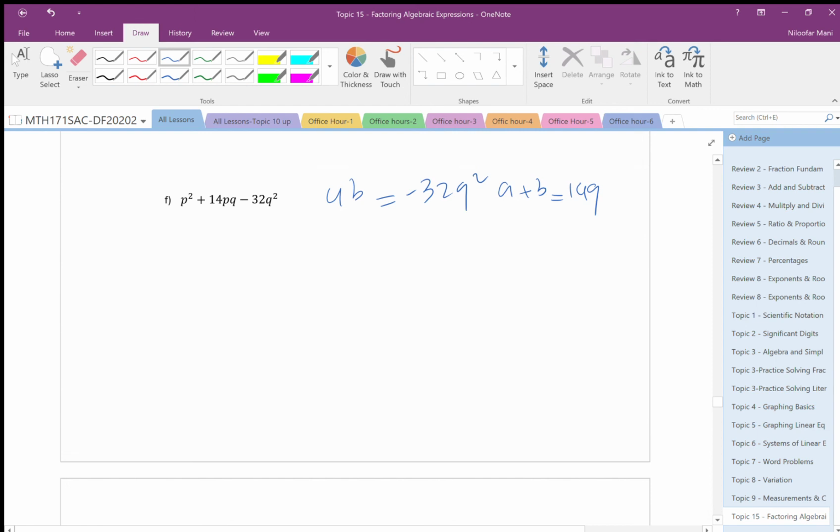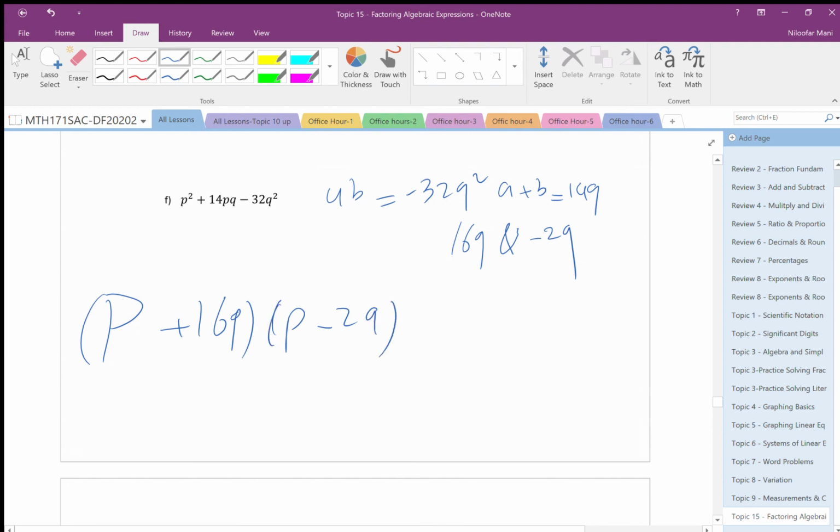Let me think here. 16q and minus 2q. If I add them it is 14q, and if I multiply them it is minus 32 q squared. Perfect. So it is p plus 16q multiple p minus 2q.